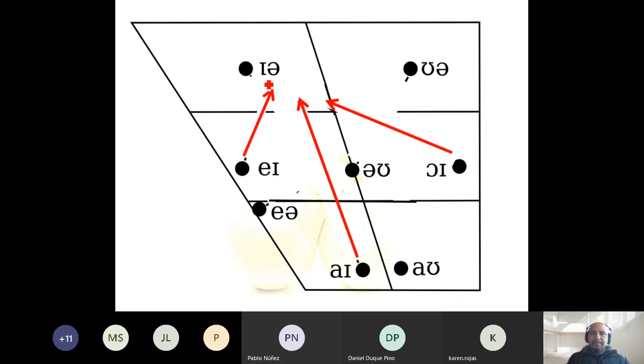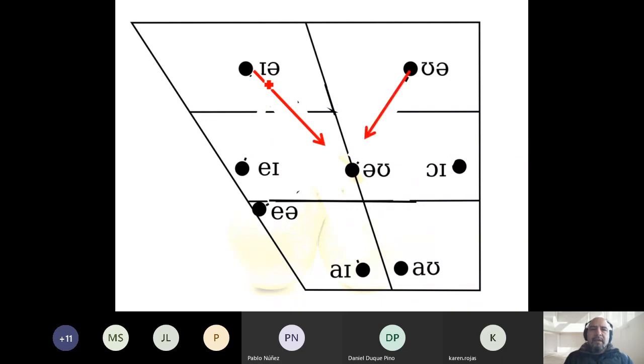The others, we have ear, air, and ua, right? Those three would be examples of centering diphthongs. And what do they have in common?